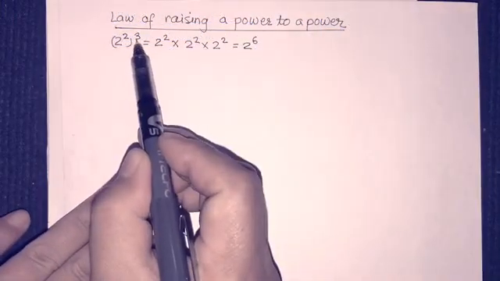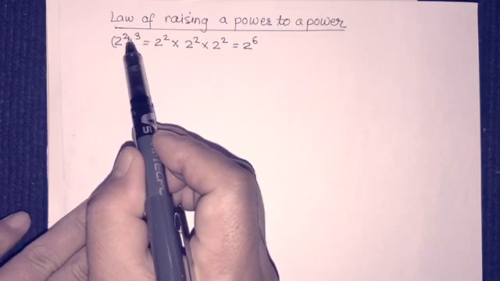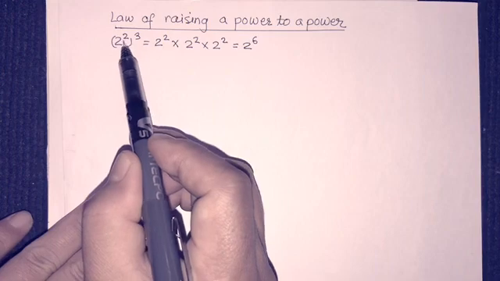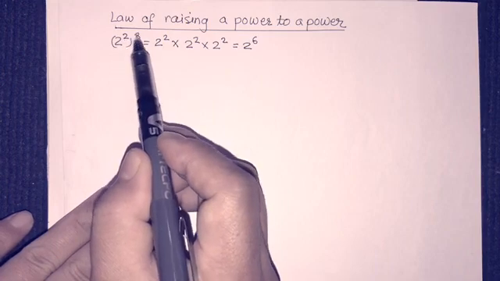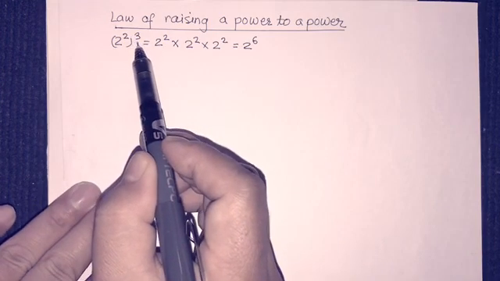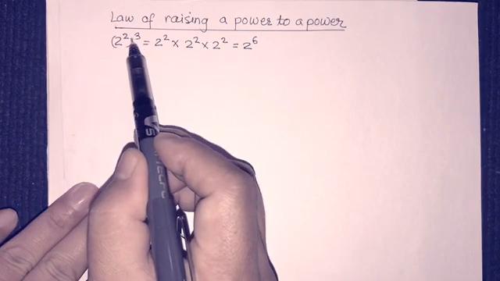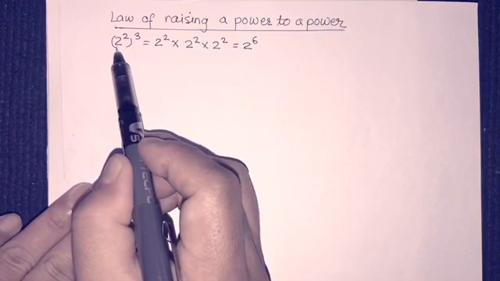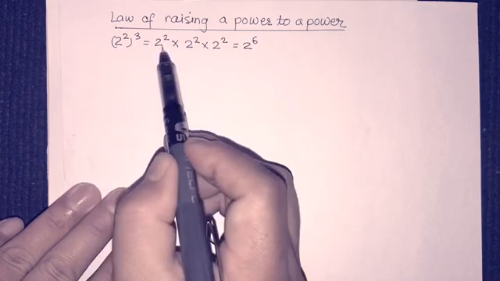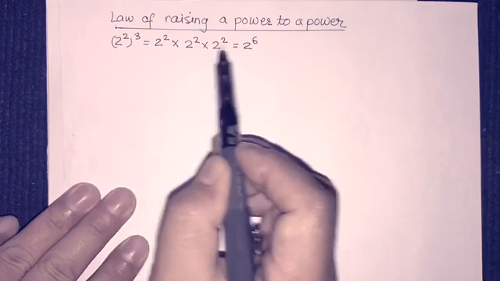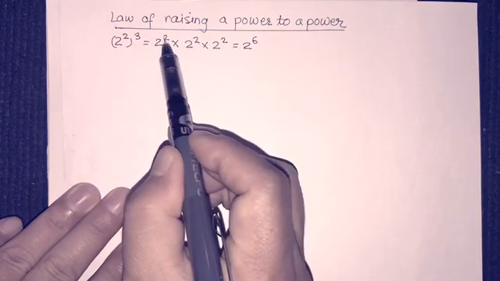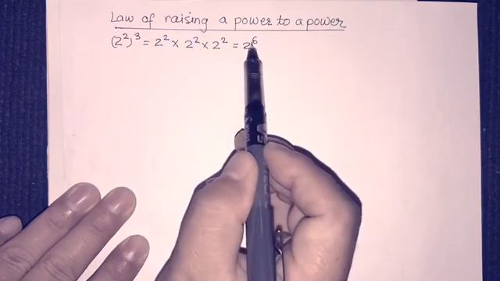You see here 3 squared is raised to the power of 3. Okay, so this is the case of raising a power to a power. 2 is a power here, and 3 is also a power. In this case, this is taken 3 times, so we write this 3 times, and using the law of multiplying, the powers are added: 2 plus 2 plus 2 is 6.